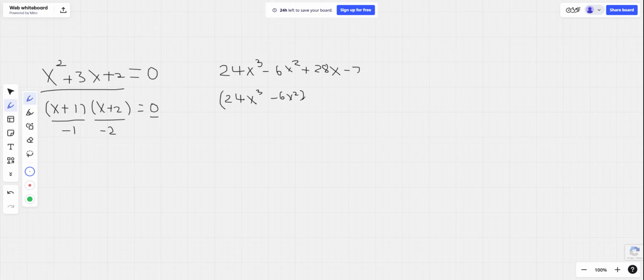So I'm bundling up the 24x cubed and -6x squared, hoping to pull a common factor out of both of them. And I'm also bundling up the 28x minus 7, also hoping to find a common factor between them.